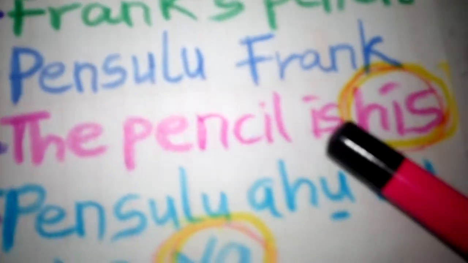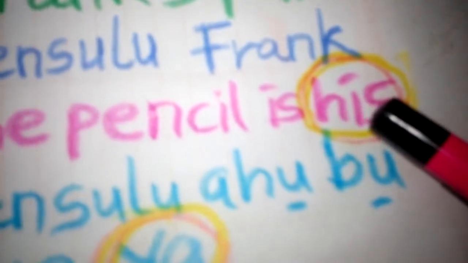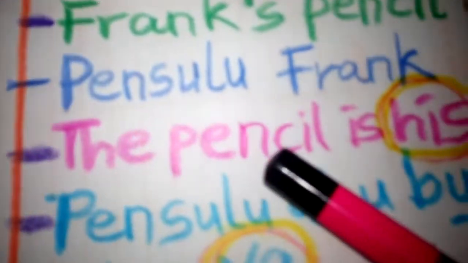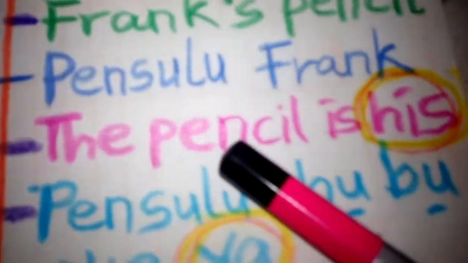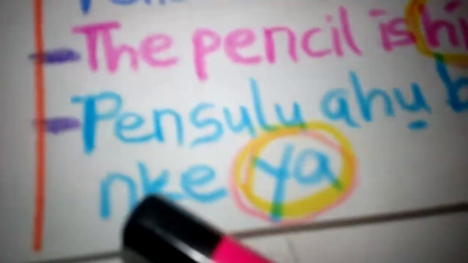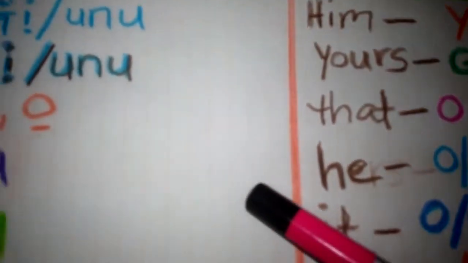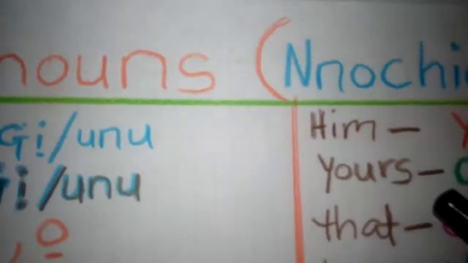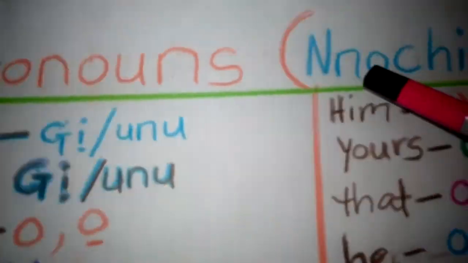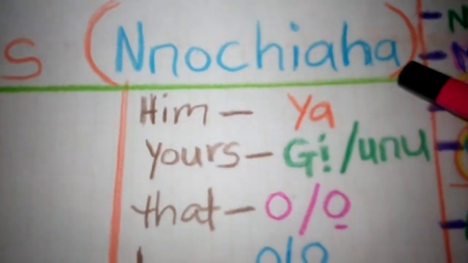The pencil is Frank's. So ya and his are pronouns. Okay, they are pronouns. That is nochiaha.